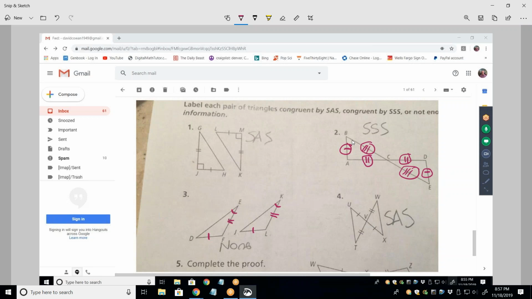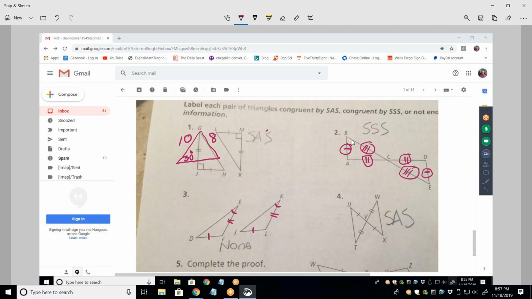Let me show you an example. There's a triangle. That side is 10. That side is 8. That angle is 30 degrees. Okay?